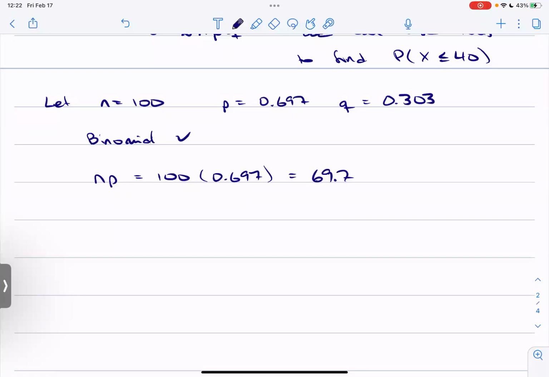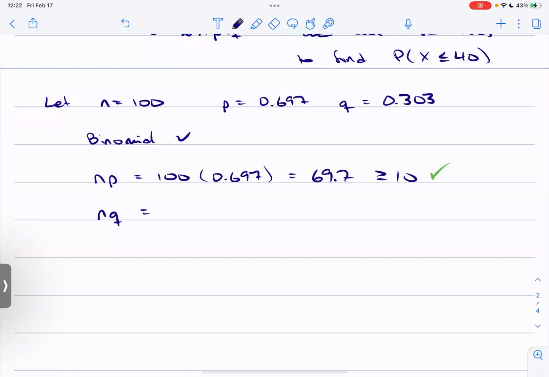You don't do any rounding here because this is an expected value, so there can be a partial person in there. It's greater than or equal to 10. Okay, so that's satisfied.